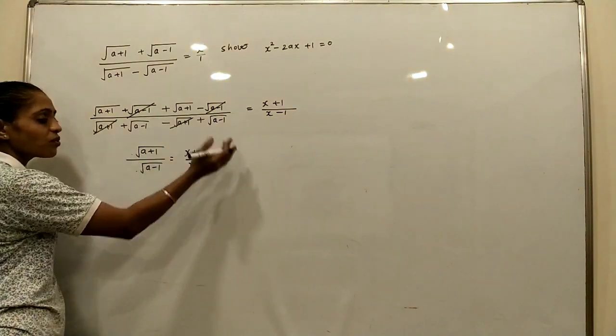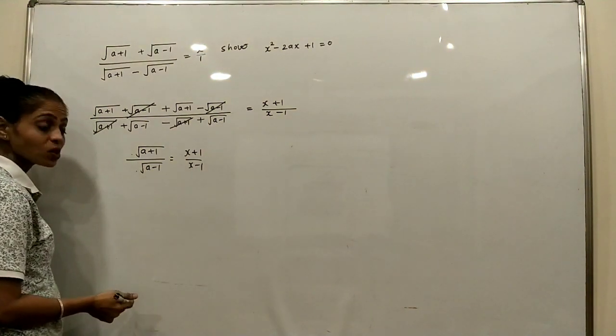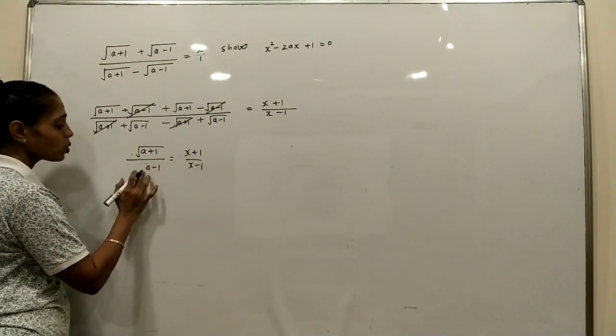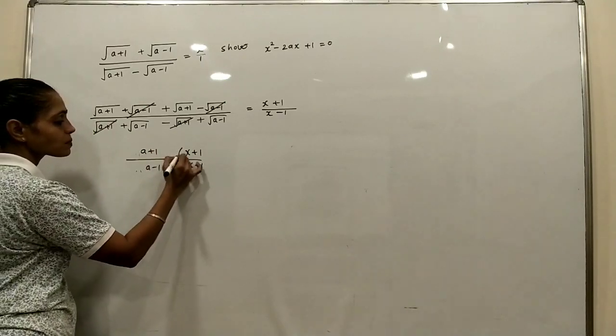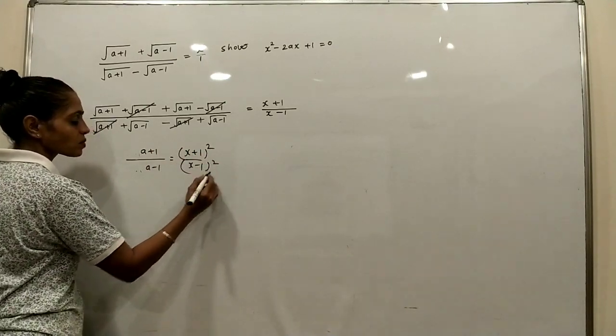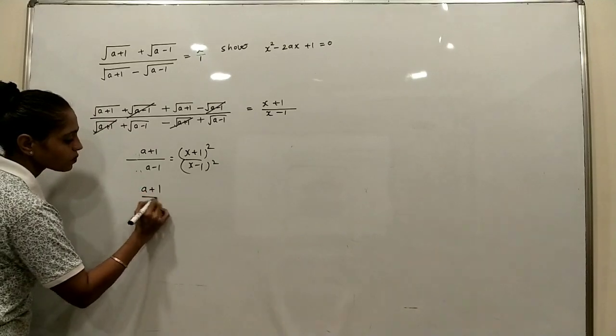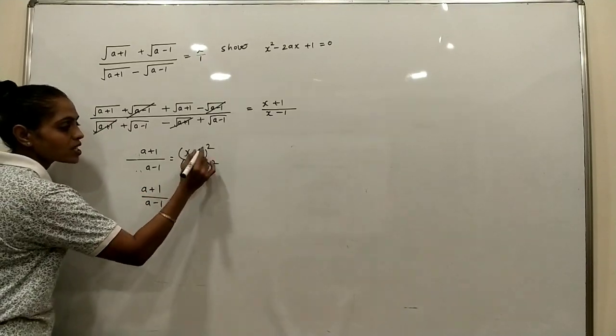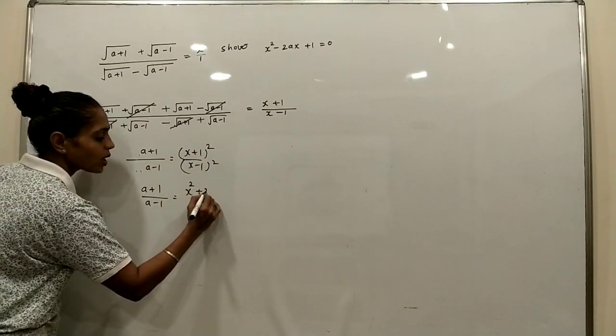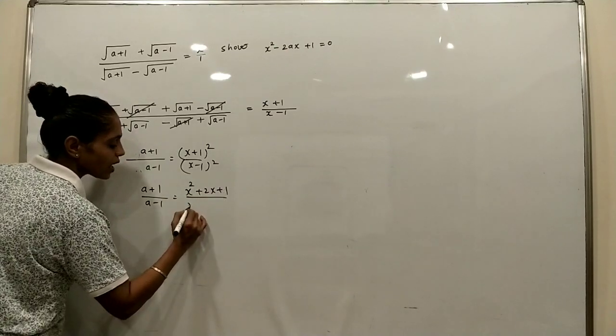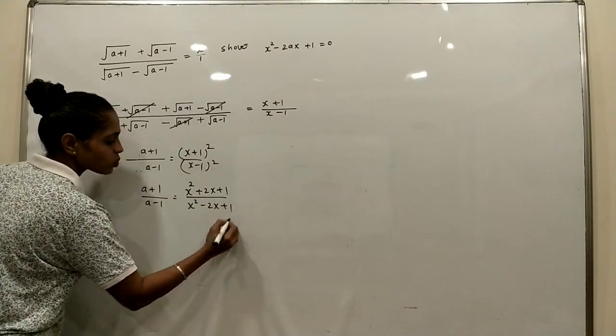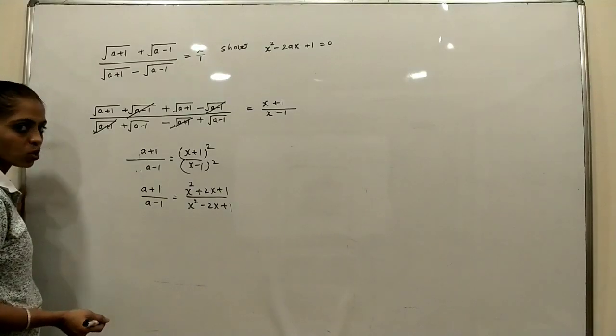Now if we bring the square root to the other side, it becomes a square. So (a + 1)/(a - 1) equals ((x + 1)^2)/((x - 1)^2), that is (x^2 + 2x + 1)/(x^2 - 2x + 1). That is the formula of (x + 1) the whole square.